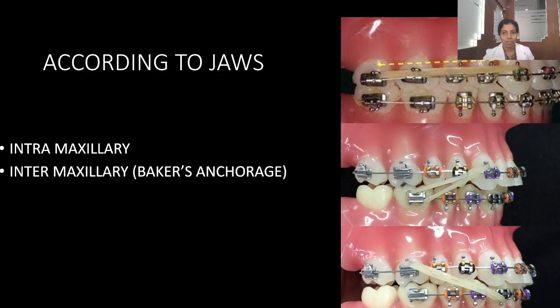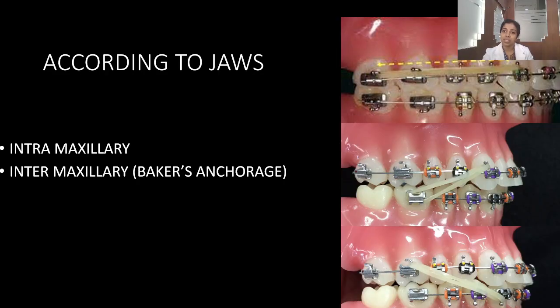Just remember: same arch, where the anchor unit and the moving unit are in the same arch. Intermaxillary means when the moving unit is in one arch and the anchorage unit is in the other arch. The other name for intermaxillary anchorage is Baker's anchorage. It's very important, you have to remember the term Baker's anchorage.